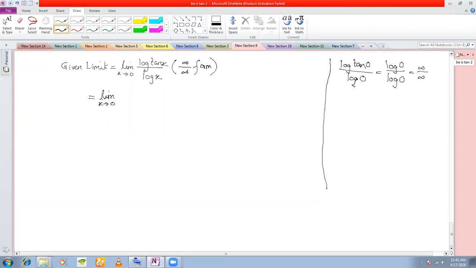So limit x tends to 0, differentiate. What do you get? 1 by tan x into d/dx of tan x, which is sec square x. So you get sec square x by tan x in the numerator. In the denominator, you have log x, which is 1 by x.